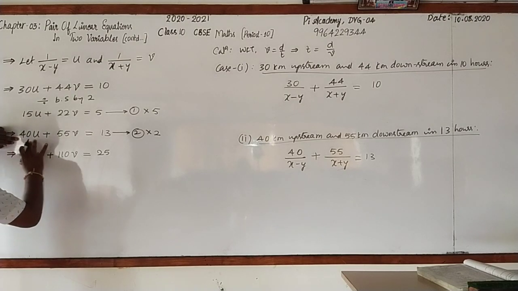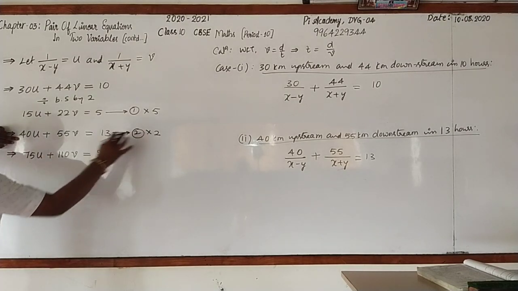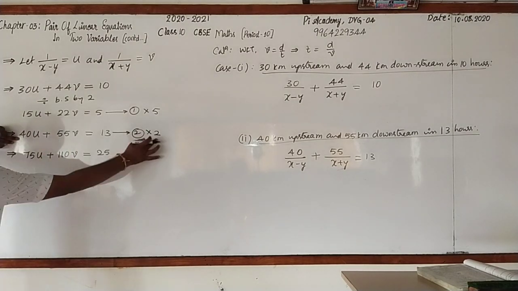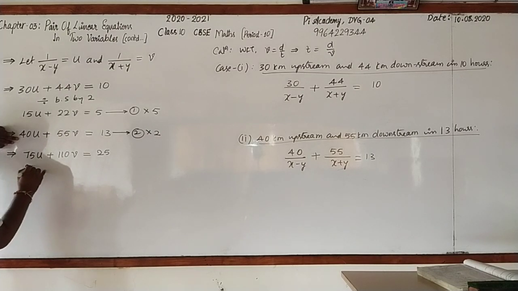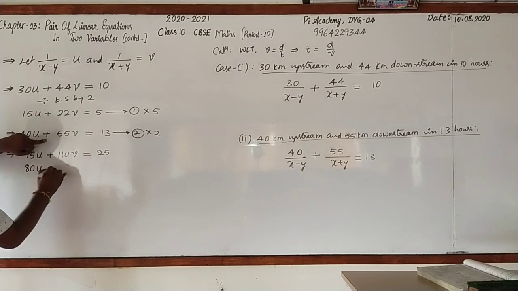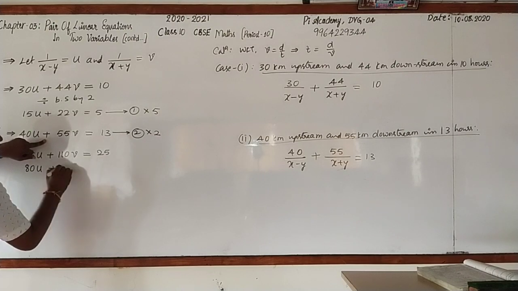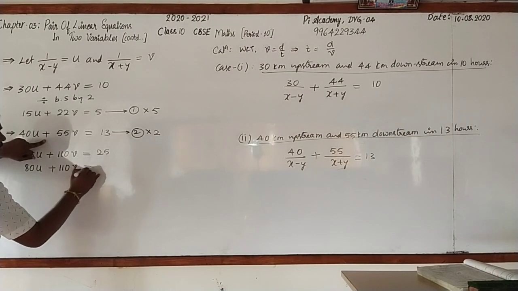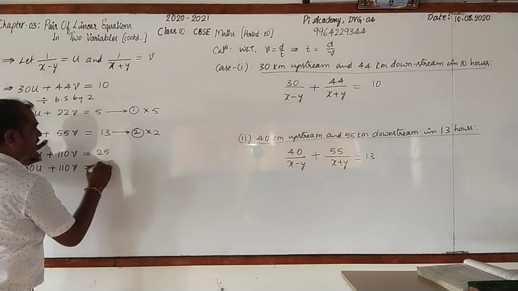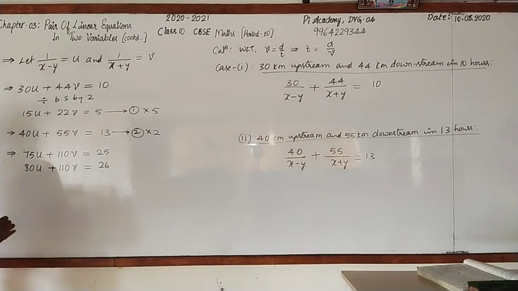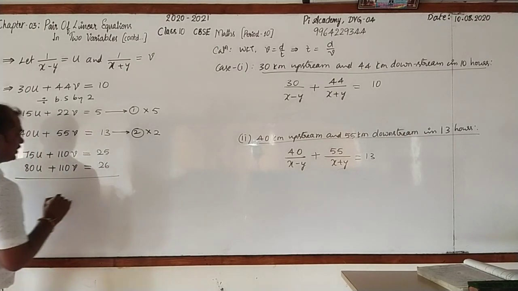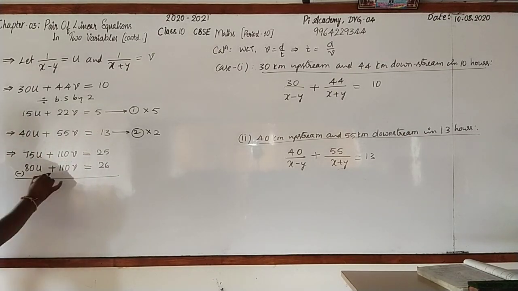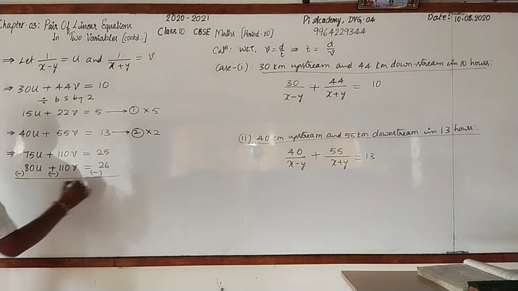Next, multiply the second equation by 2. 40 2s are 80u plus 55 2s are 110v. This is equal to 13 2s are 26. Now let us go for changing the sign. This is minus, this is minus, this is minus.